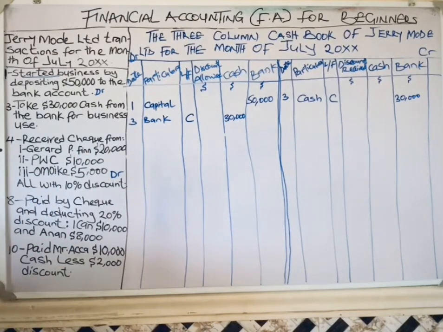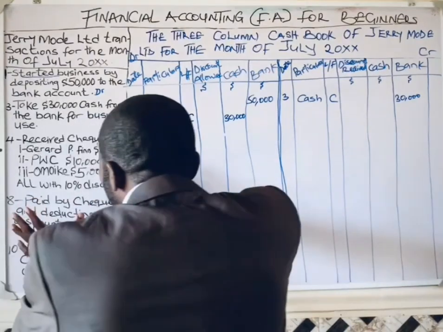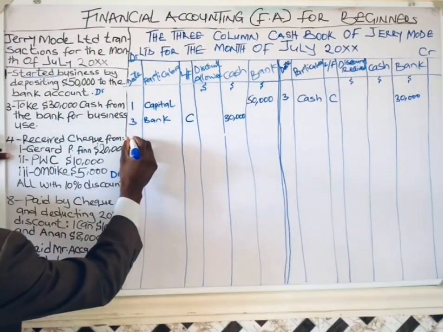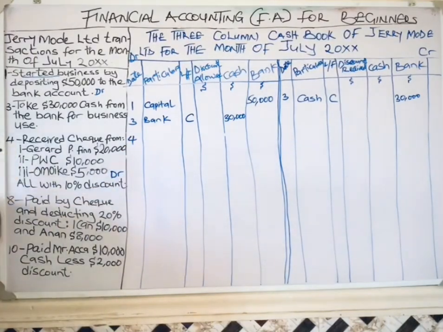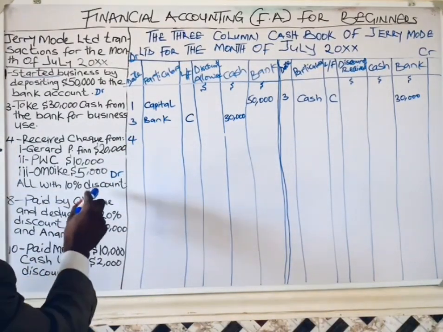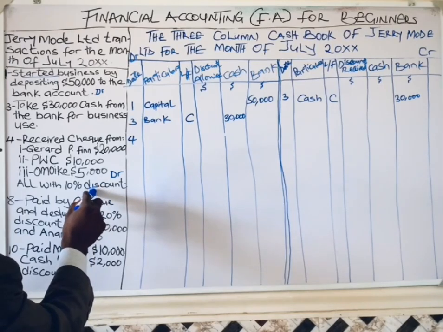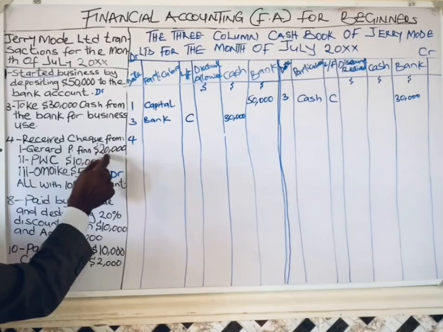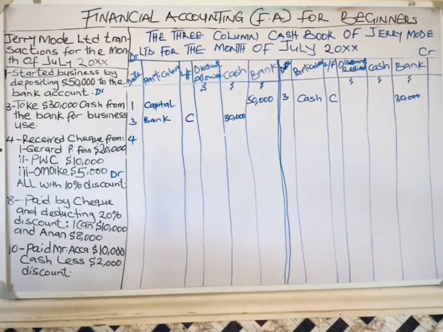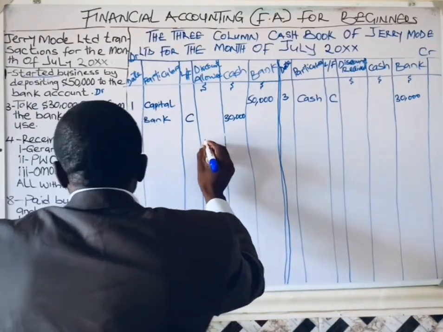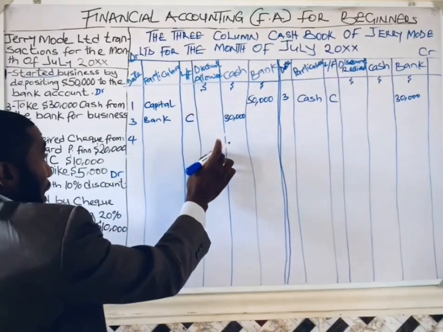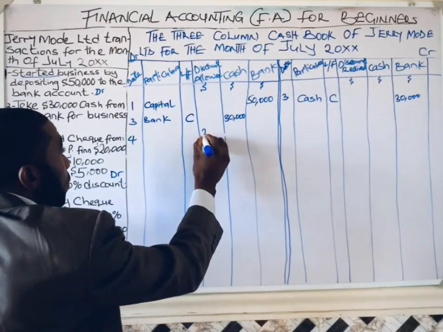So since this is a debit transaction, you say on the 4th of July, we are giving 10% discount of 20,000, and 10% discount of 20,000 is $2,000. We are allowing them to pay us like that. That is why it is discount allowed of $2,000.